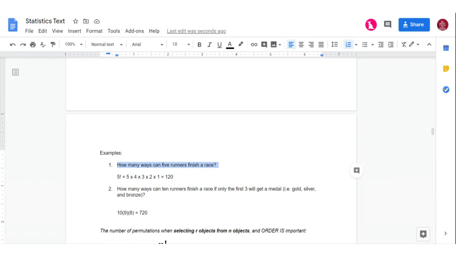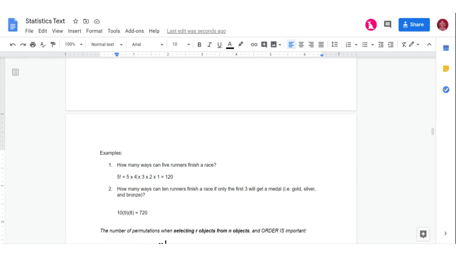there's 5 different choices of who could get first place. So once that person is selected for first place, there's 4 left for second place. That's what that 4 represents. And these are just multiplications. I just couldn't find a good way to put a dot in there. And then after second place is determined, there's 3 left.